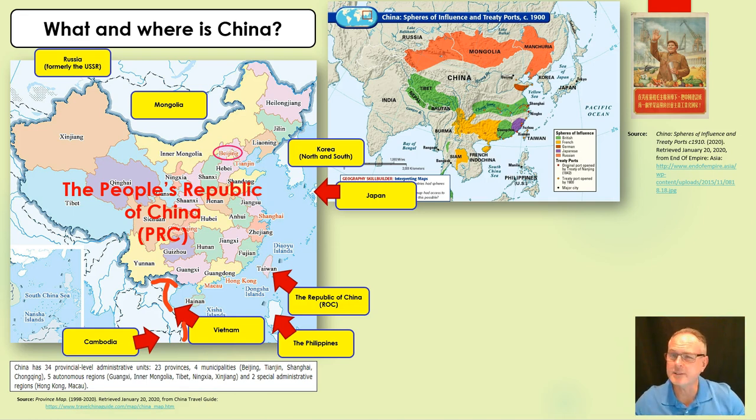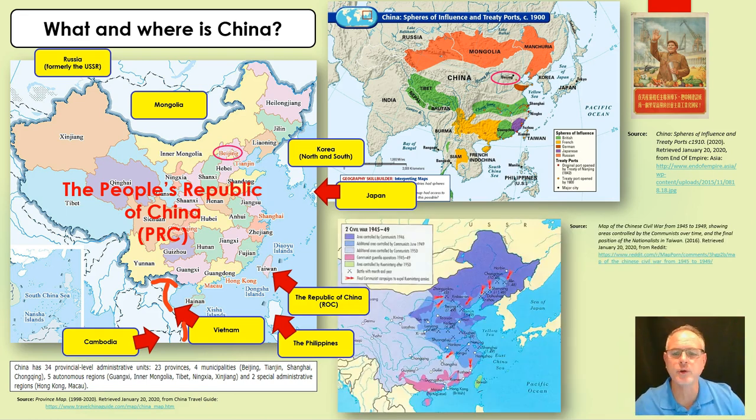So China, at the end of the 1800s, the 19th century, was controlled by European countries. Beijing, again locating on there for you.